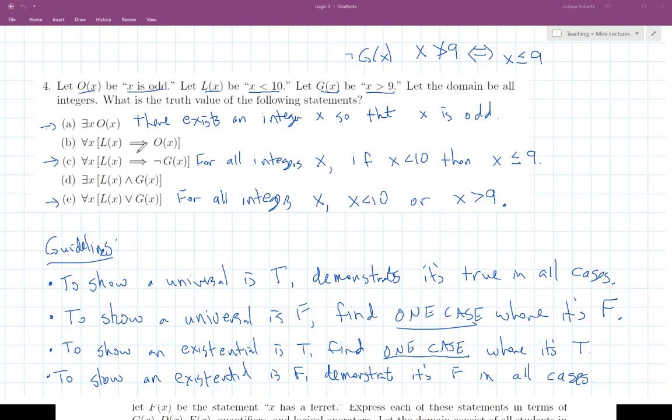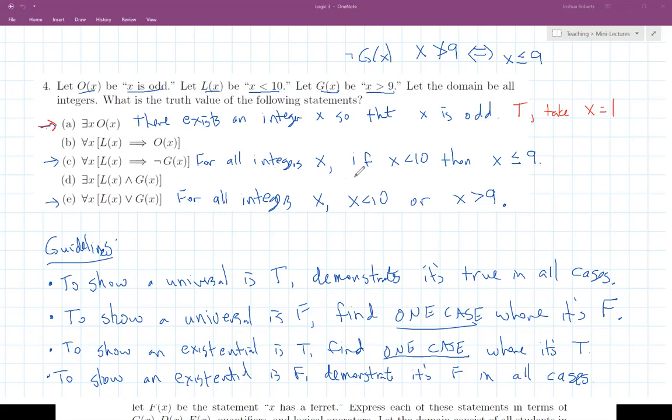Now, going back to these problems, let's look at part A again. There exists an integer. If I want to show this is true, I just have to find one example where it's true. There exists an integer that's odd. This is true, and just take x to be 1. 1 is an integer, 1 is odd. That satisfies the conditions, so there we go.